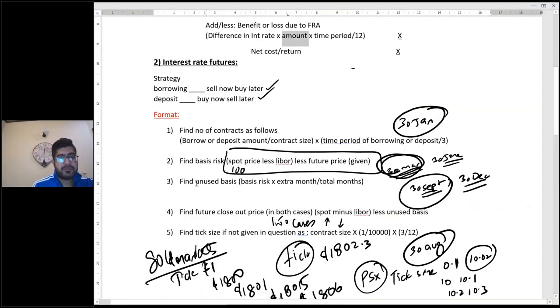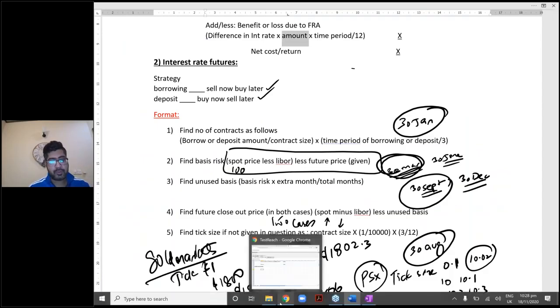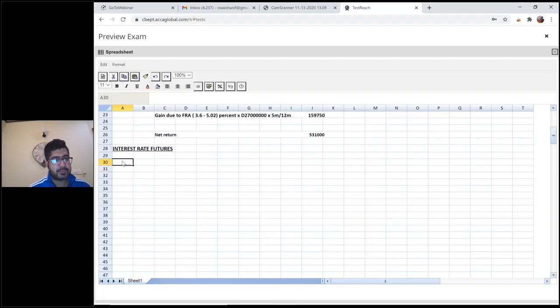The first step is to find number of contracts. Look at each and every step in detail so that you get a firm grip. I will explain each and every step so that you get a complete idea. First step is to find number of contracts.